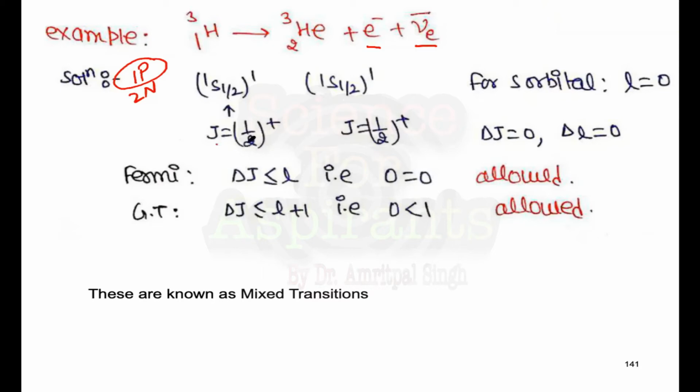So the J value is 1 by 2, and since it is in the s orbital, we can find the value of L from 0, 1, 2, 3.